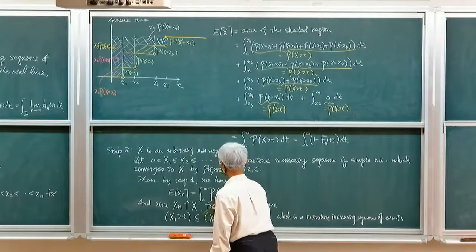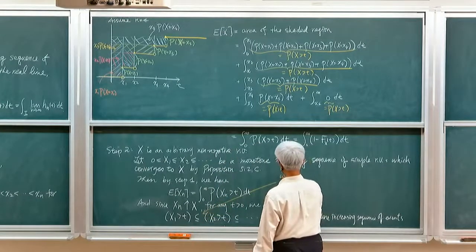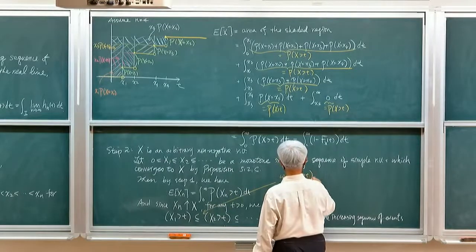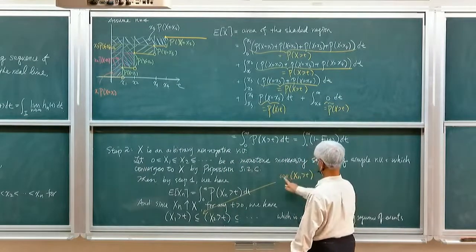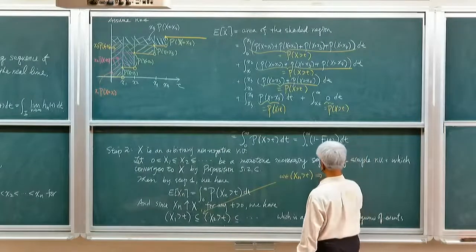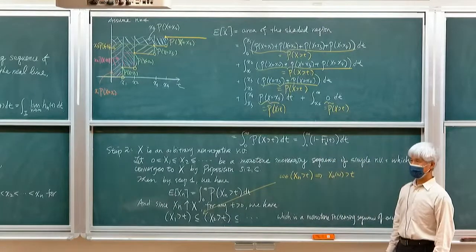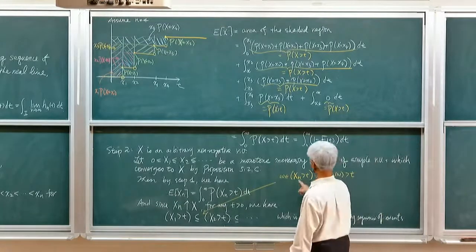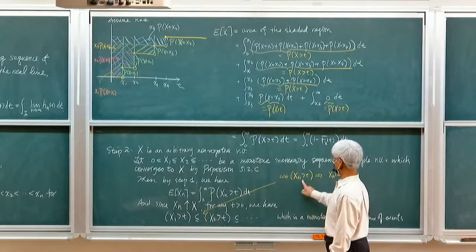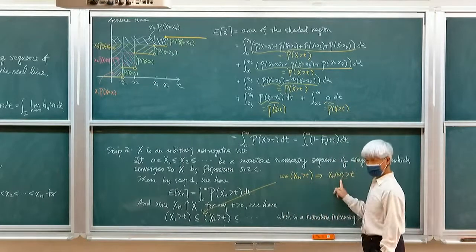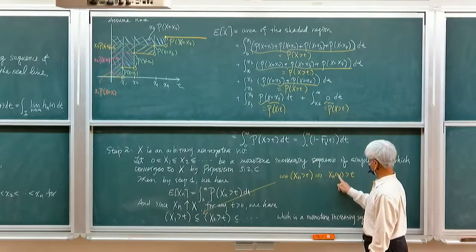If you want to justify it, you can say: if omega is an outcome in this event, that means Xn(omega) is greater than t, because this event consists of all outcomes such that the value of Xn at this omega is greater than t.